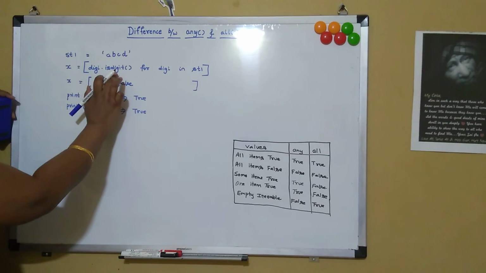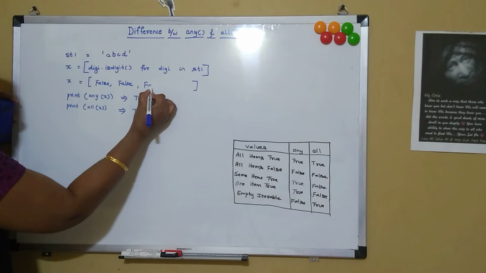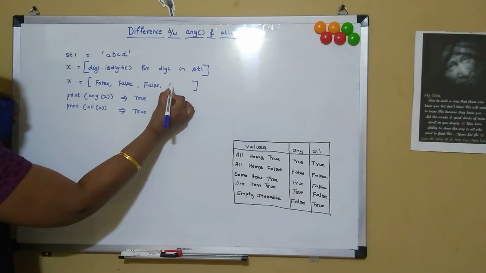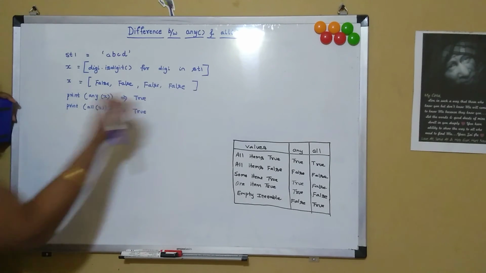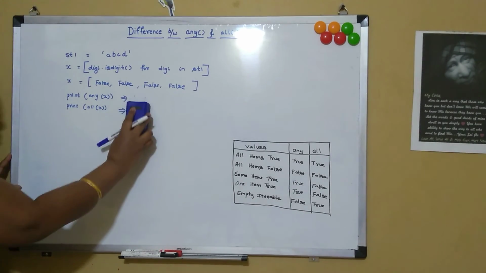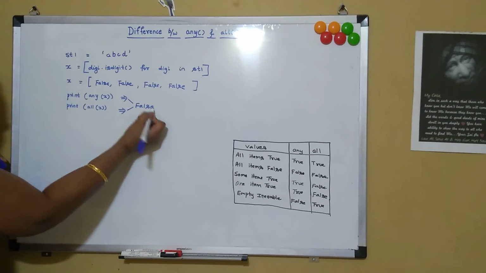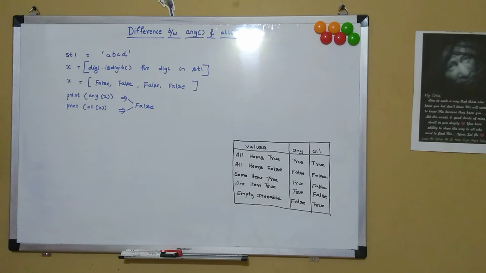So isdigit returns true if it is a digit. If it is not a digit, it will return false. Again false and again false. So in this case, print any of x and print all of x both result in a false. For both the value will be false.